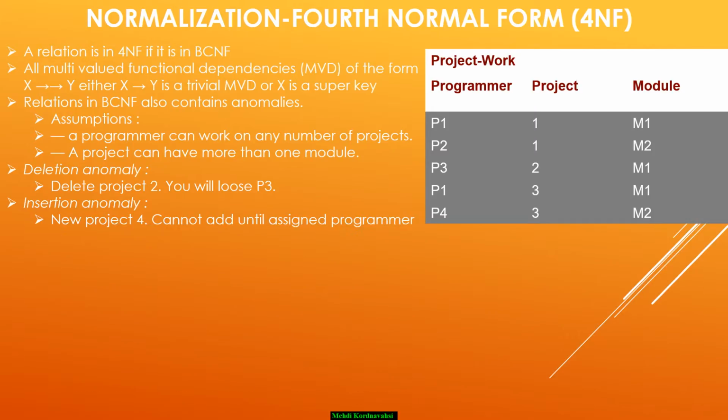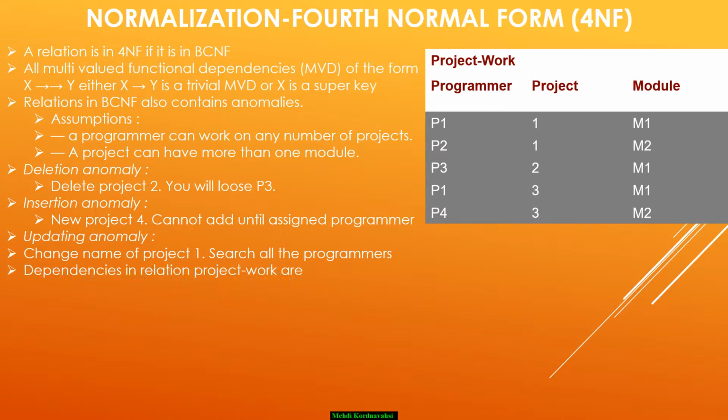And the next, updation anomaly. If you want to change the name of project 1, then you have to search all the programmers having project 1 and update them individually, otherwise it causes inconsistency.